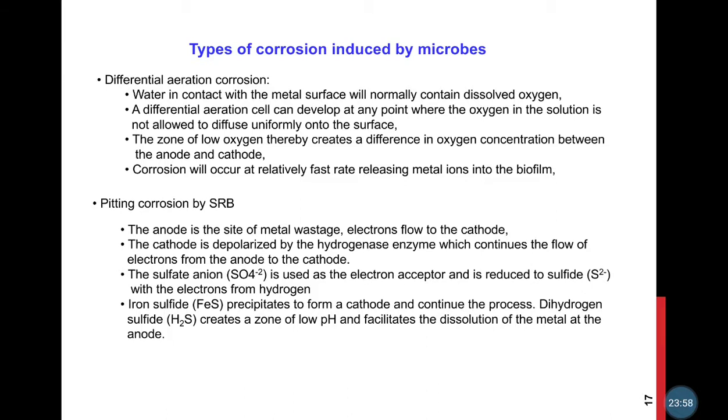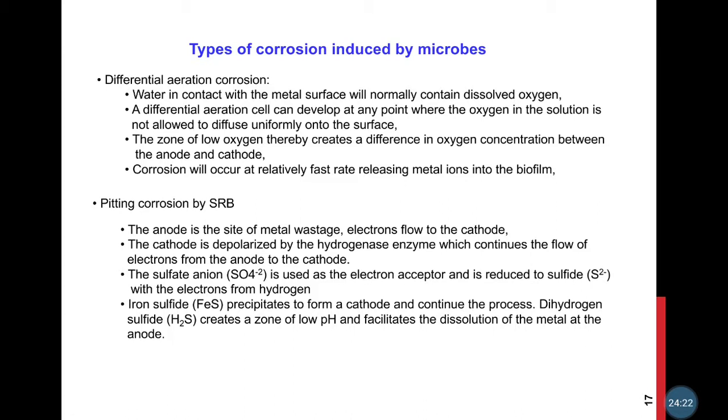Okay, condition dia ialah water in contact with the metal surface will normally contain dissolved oxygen. So bila ada surface yang exposed to the air, so dia akan ada dissolved oxygen on the metal surface.